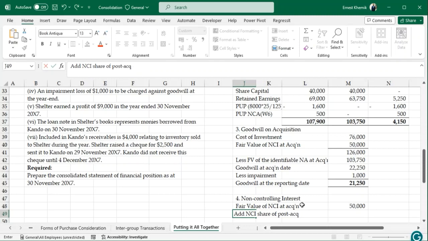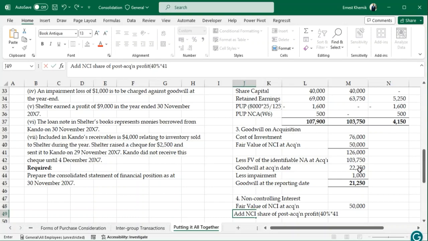So let me shorten this to make life easy. And that is going to be the 40% of the NCI percentage. So you have the 40% of the NCI percentage multiplied by the post-acquisition profits, which can be found in workings 2, 4150.